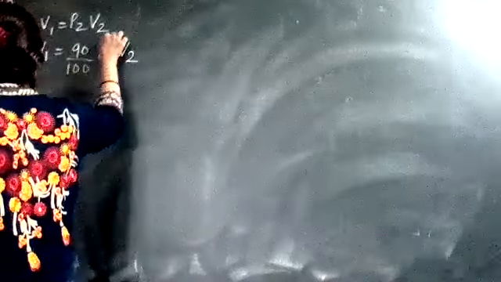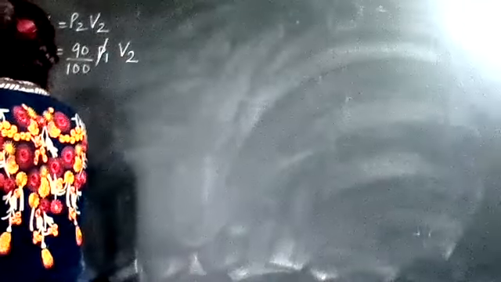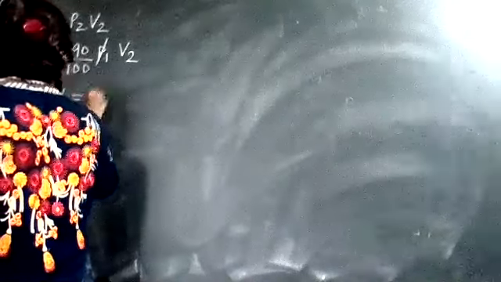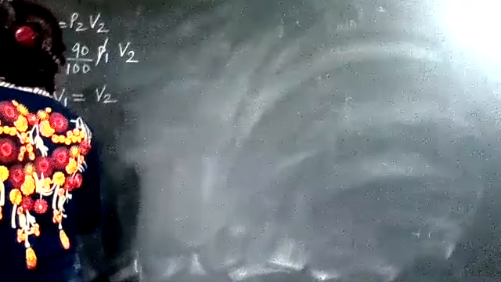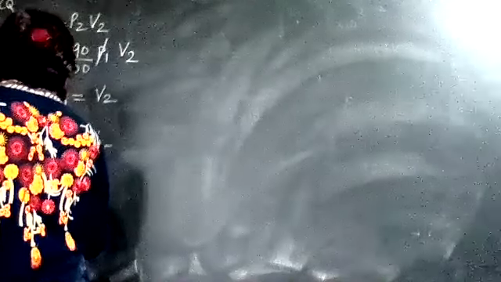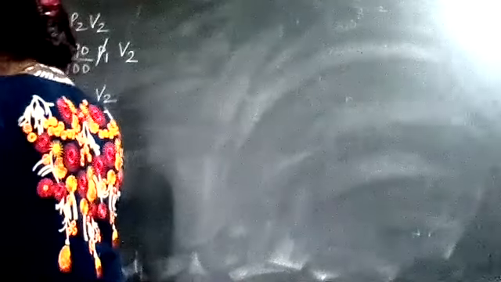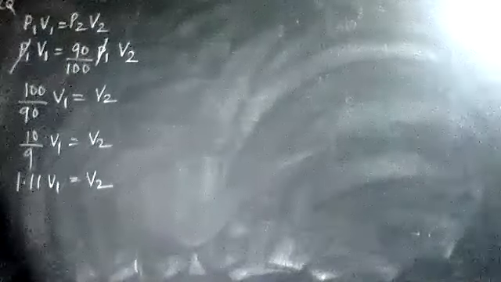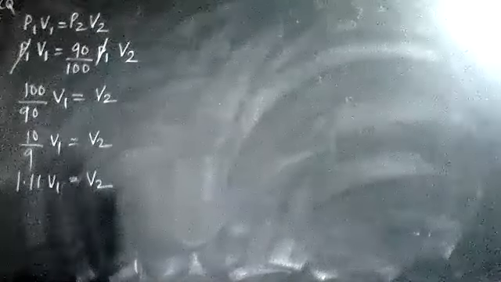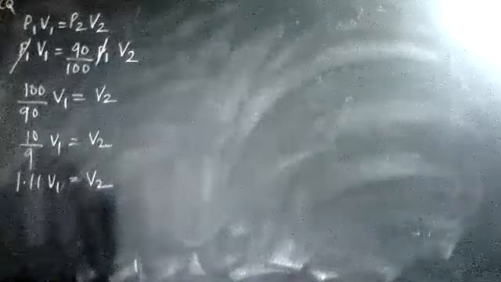Your P1 will get cancelled and then V2 becomes 100 upon 90 into V1, which is 1.11 V1. Means your answer will be that it is increased by 11%. Fine? So that is nothing but your D option answer.